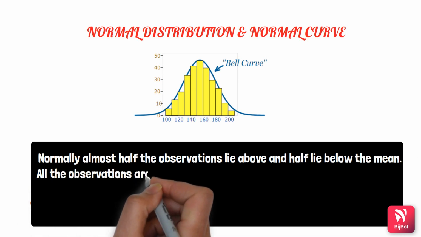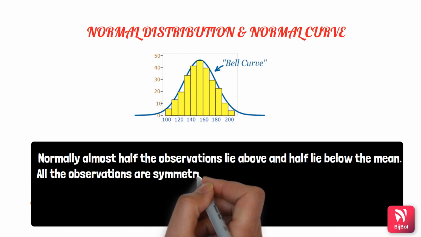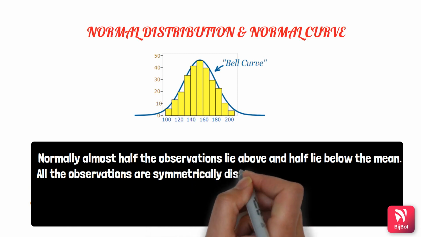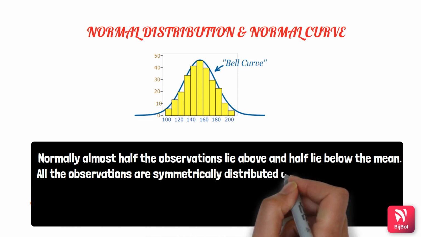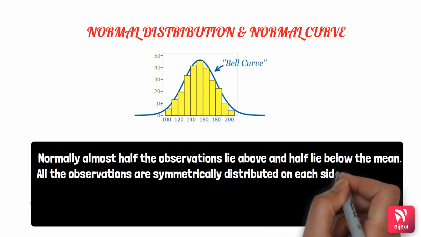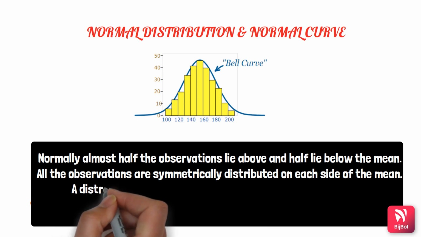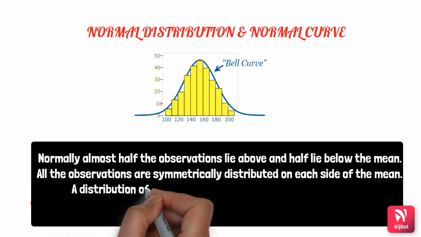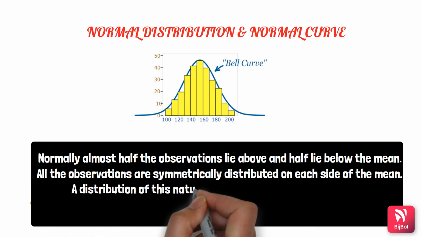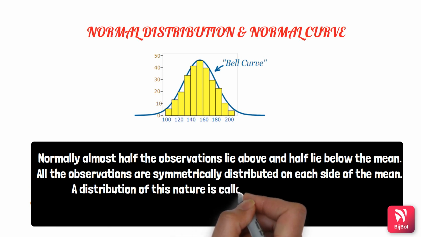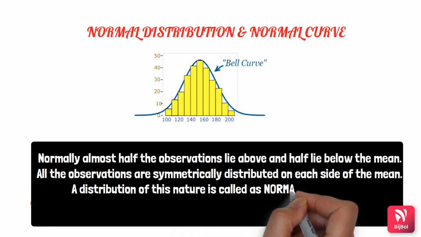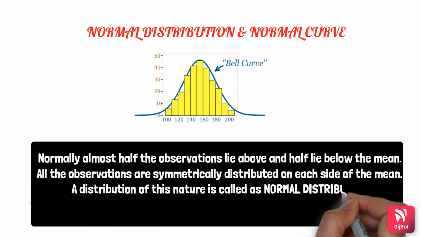Now, what is the central value? The central value is the mean, which is located at the middle, and almost half of the observations lie above and half lie below the mean. Such a distribution is called a normal distribution or a Gaussian distribution.